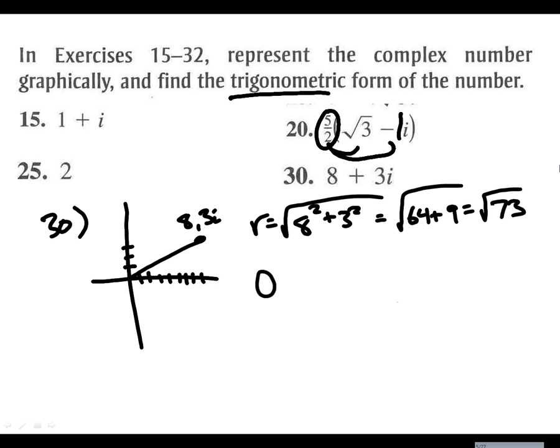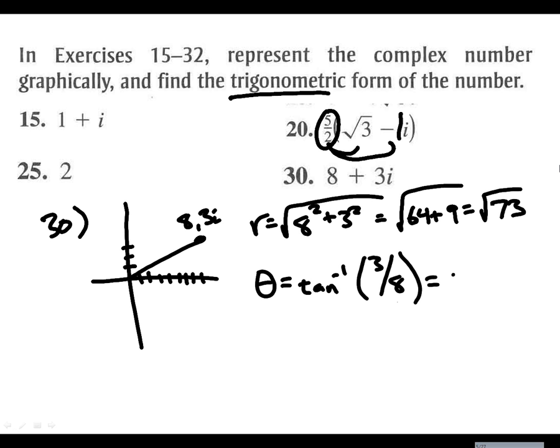Let's find our theta. Theta is the inverse tangent of 3, the y value, the I value, over 8. Plug that into your calculator, and you should come up with 0.36. Is that right, or is it 36? I wrote it down here, but let me check. Inverse tan of 3 over 8. Oh, sorry, that's in radians.